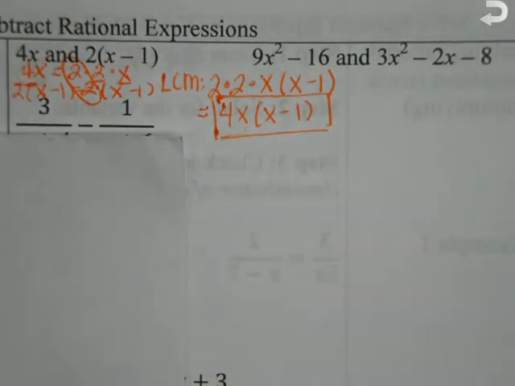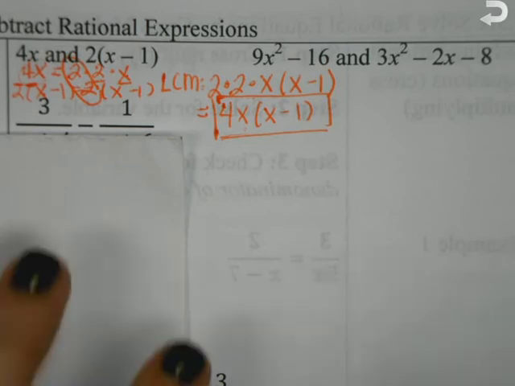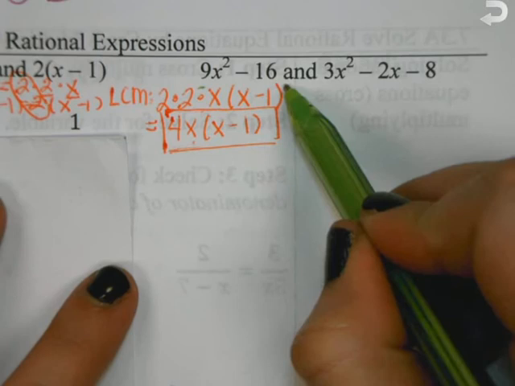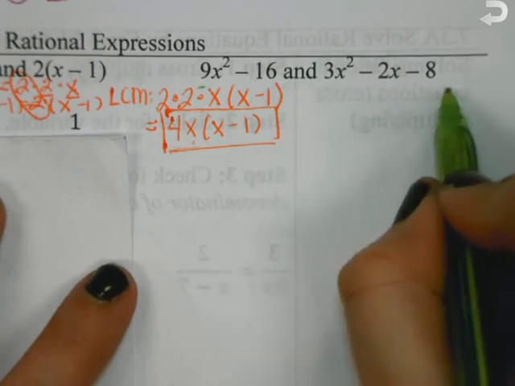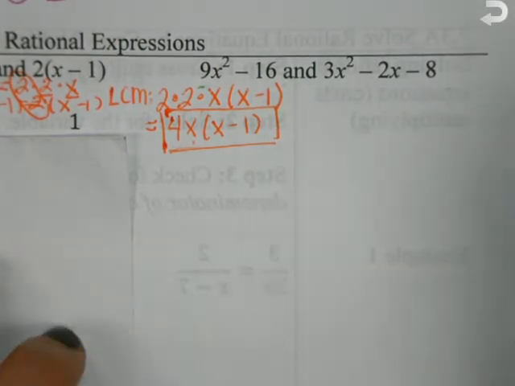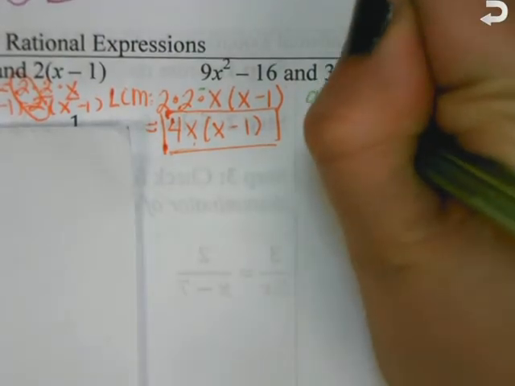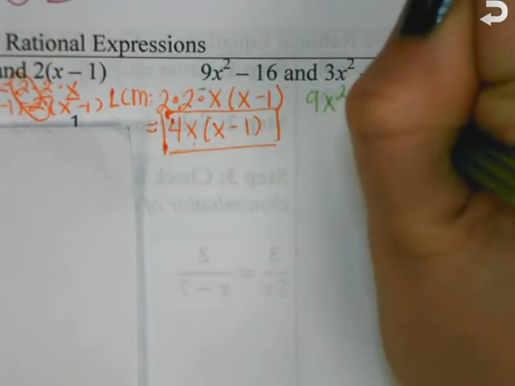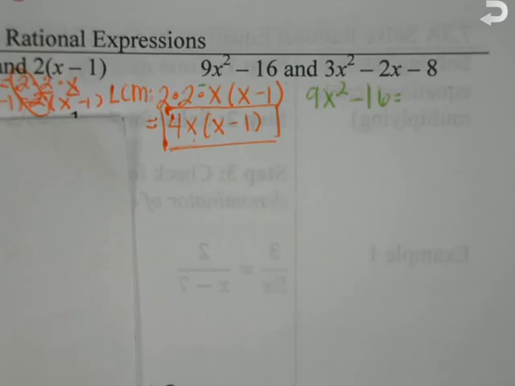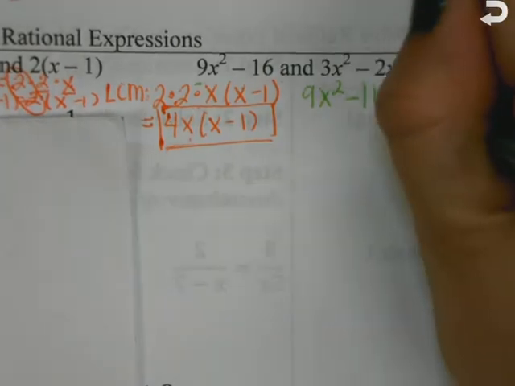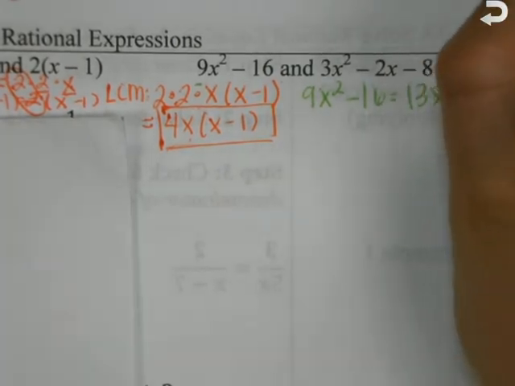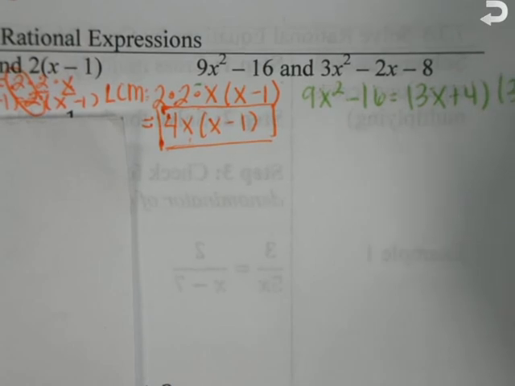So let's try the next one. We're going to work with a few more expressions here. We have 9x squared minus 16 and 3x squared minus 2x minus 8. We want to break these down as much as possible, which means we're actually going to factor. This one is a difference of 2 squares. So 9x squared minus 16 factors to 3x plus 4 times 3x minus 4.